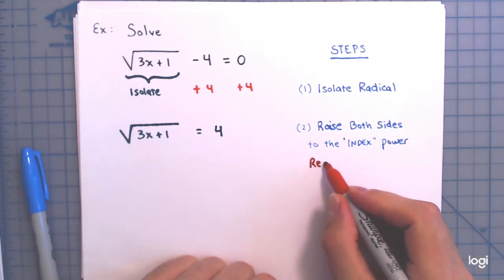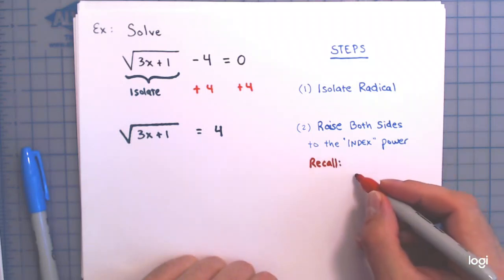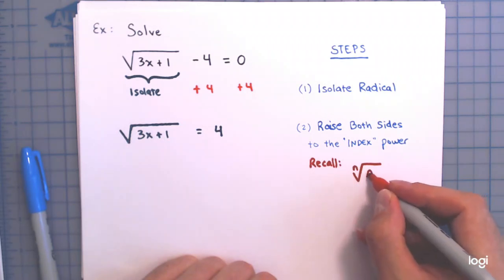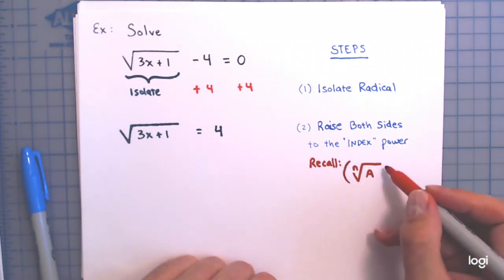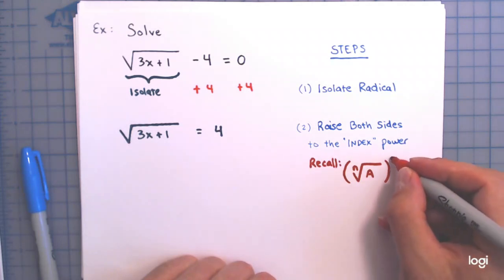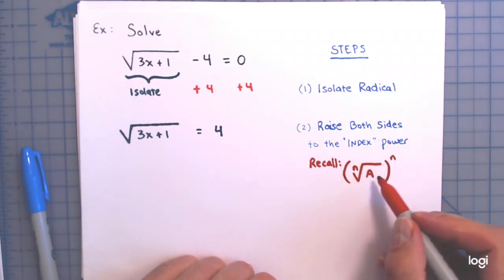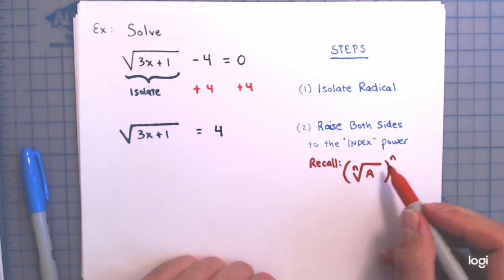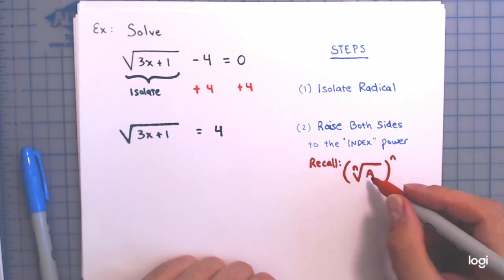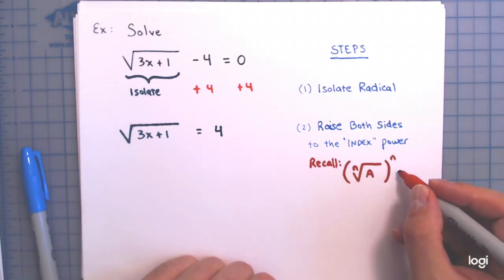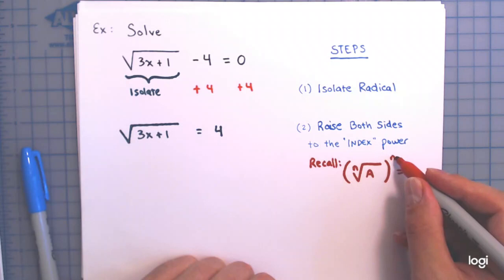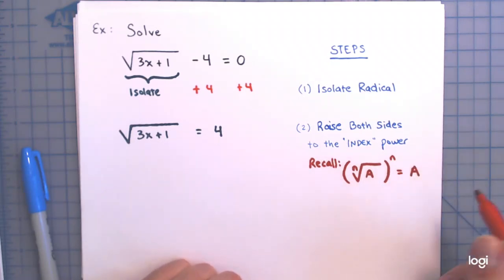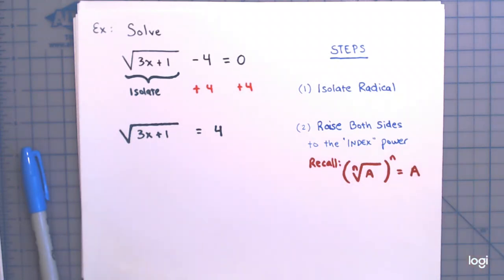If you have the nth root of some expression a, and you raise this to the nth power on the outside, as long as this is a real number (if this is an even root of a negative, this isn't going to apply), the nth root and nth power basically undo each other, and you're left with the radicand. So you get rid of the radical symbol.